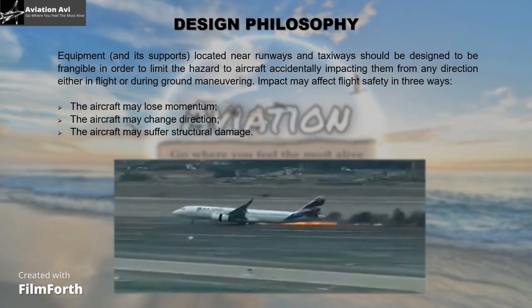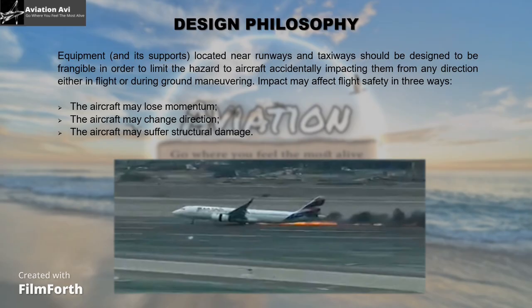Basically, there are three main design philosophies which are kept in mind before designing an equipment. Equipment located near runways and taxiways should be designed to be frangible in order to limit the hazard to aircraft accidentally impacting them from any direction, either in flight or during ground maneuvering. Impact may affect flight safety in three ways.